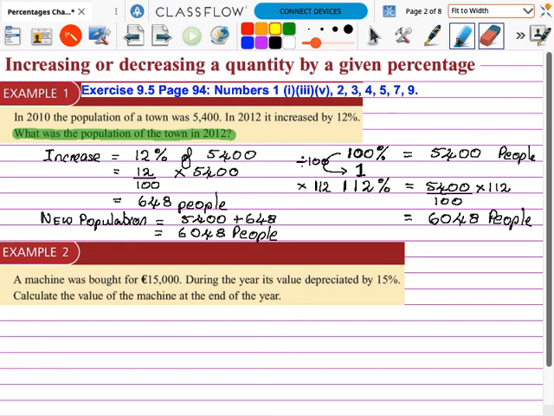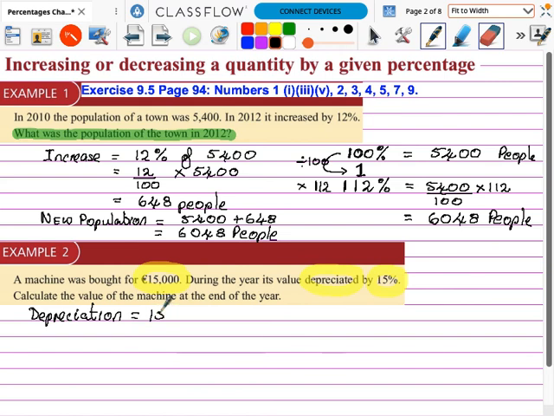So first of all, what it says here: a machine was bought for 15,000. It was depreciated, that means it went down by 15%. So really what I've got to do is work out what the depreciation is. So depreciation is 15%.